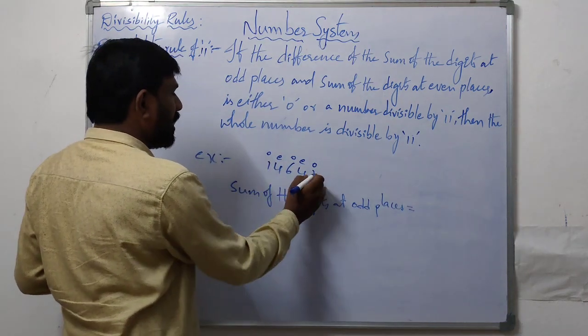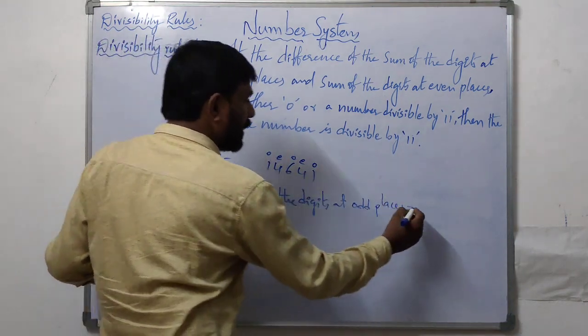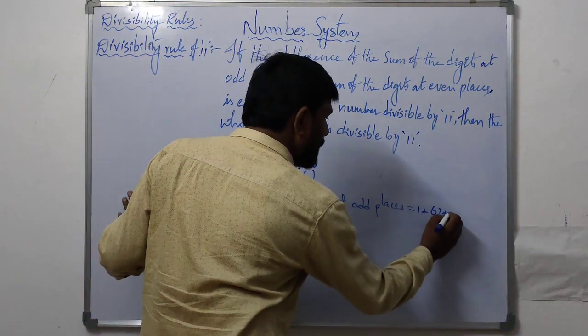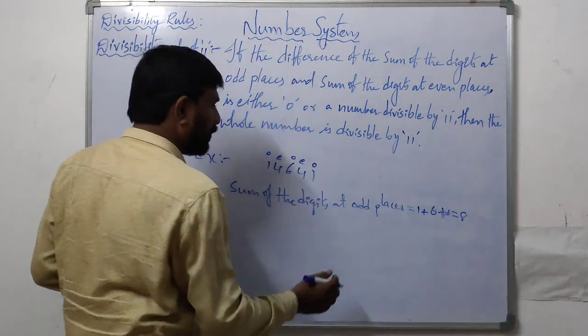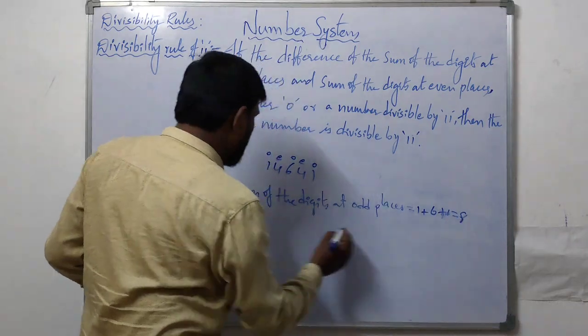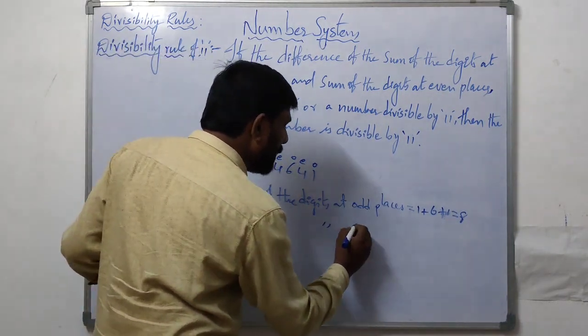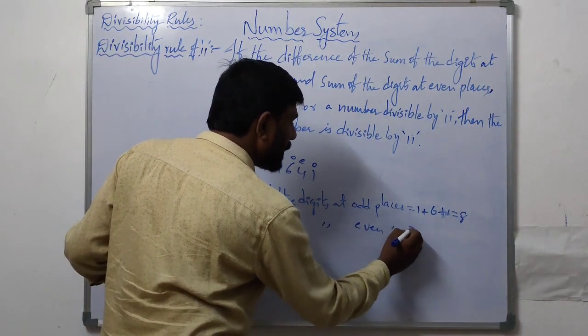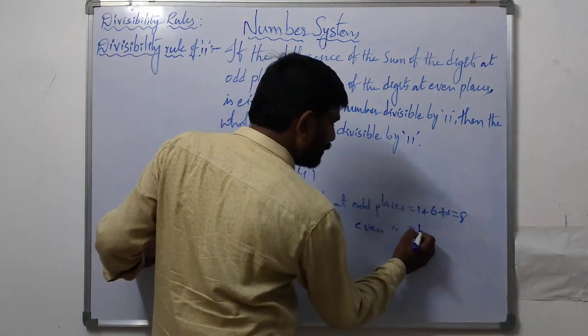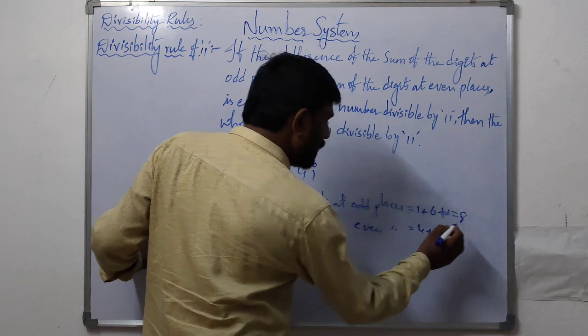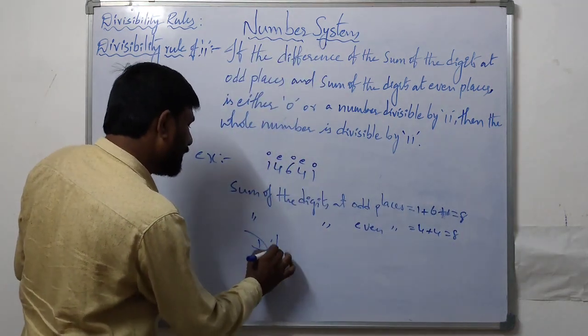How much? 1 plus 6 plus 1, which is 8. Next, the sum of the digits at even places. 4 plus 4, which is 8.